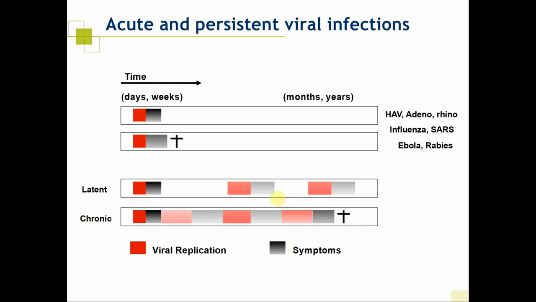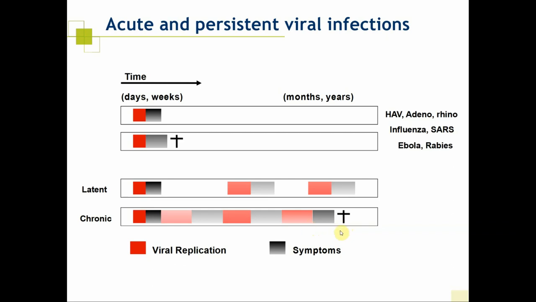Now, as well as that, there are chronic viral infections. Here the difference is, during a chronic infection, there is always active virus replication. In that case, the replication can bring on symptoms or can be asymptomatic. But as time goes on, the tissue where the virus is replicating will become more and more damaged, and the symptoms have a tendency to get more and more severe.